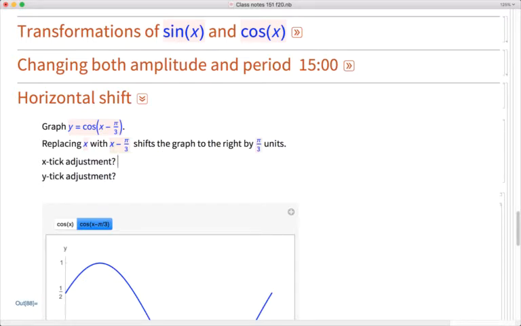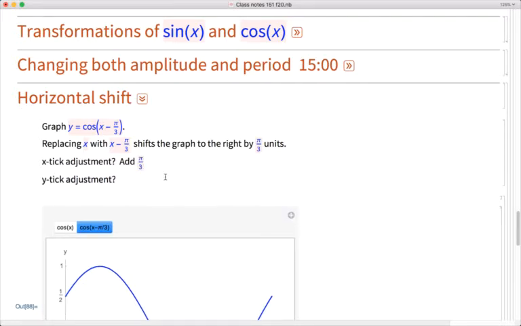So we're going to move all of these to the right by pi over 3. We're going to add pi over 3 to all of them. And the y tick adjustment, well, none. There's going to be no amplitude adjustment here.